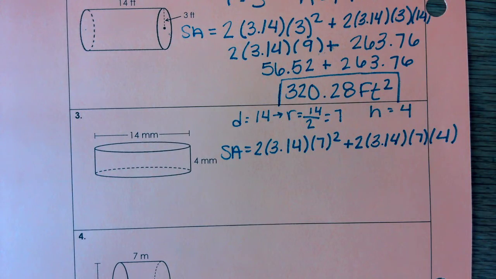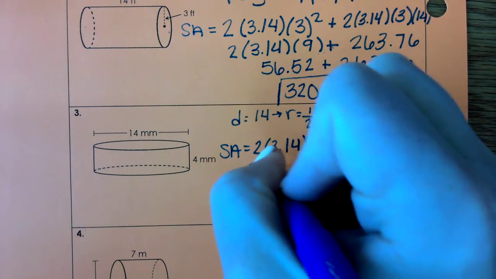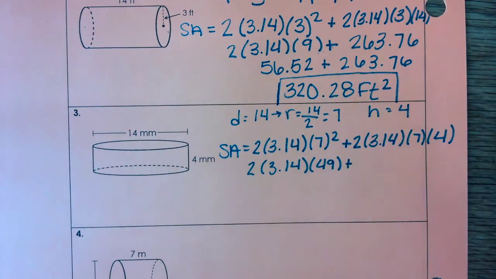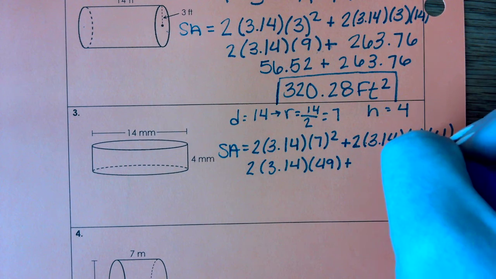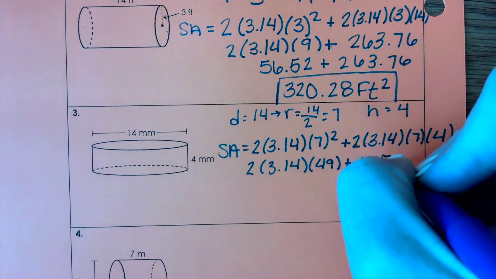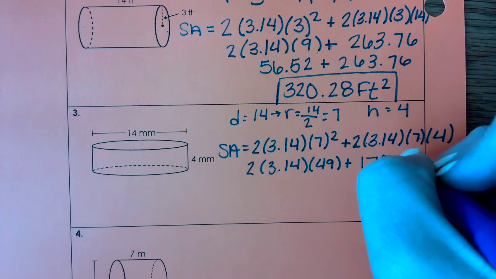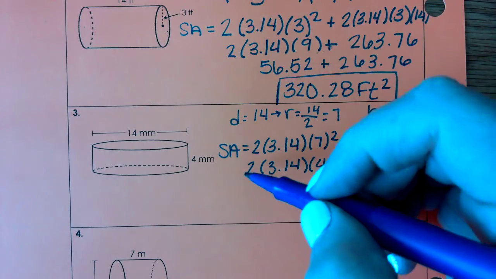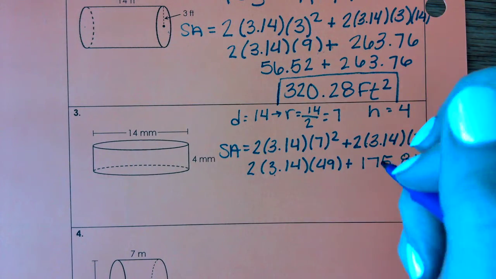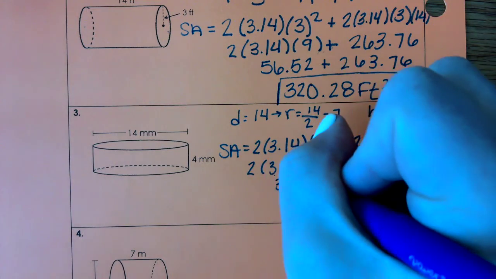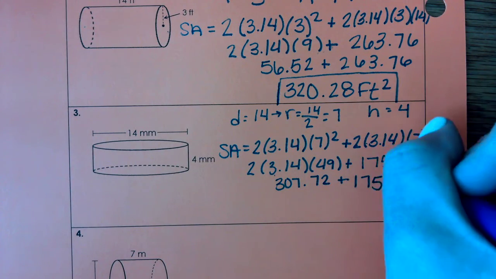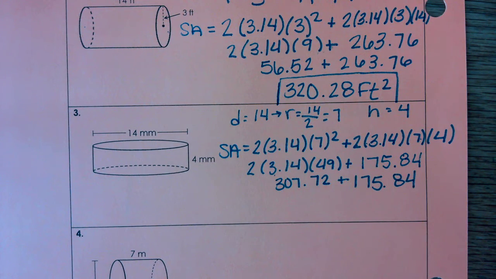So I have 2 times 3.14 times 49, because that's what 7 squared is, which gives 307.72. Then 2 times 3.14 times 7 times 4 gives 175.84. Then what's going to be my surface area?